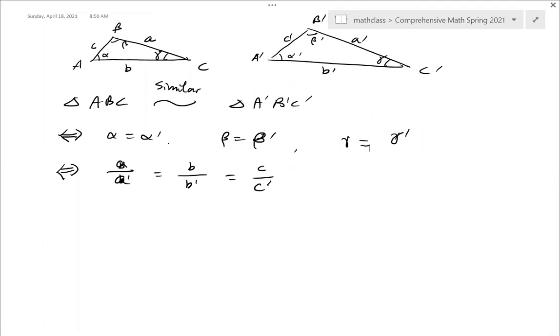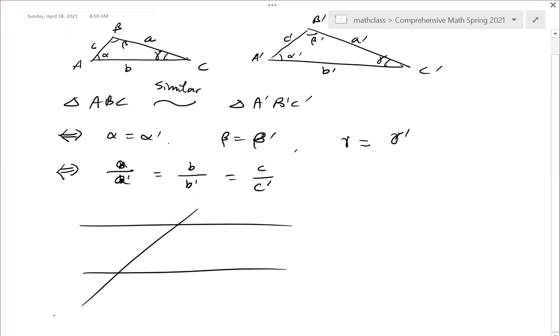The question is how to use it. Well, if I have two parallel lines, this is two lines, this is parallel, then you will see that this angle is equal to that angle.